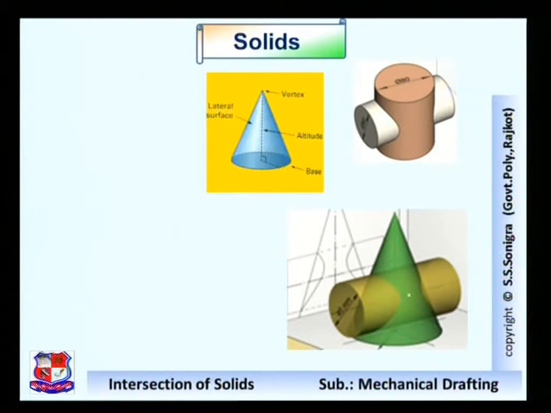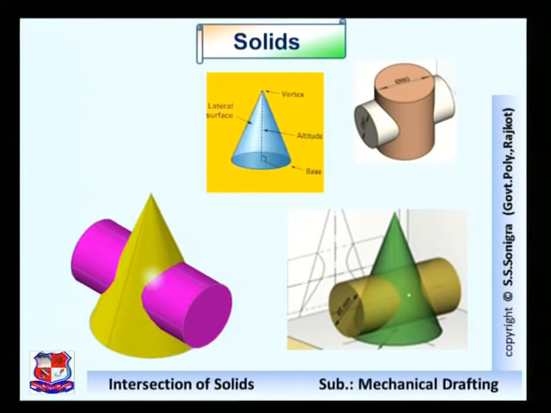So in this case, the cylinder is called the penetrating body and the cone is called the penetrated solid or standing solid. So we can say the cone is penetrated by a horizontal cylinder. This is also the same case, the cone is penetrated by a horizontal cylinder.